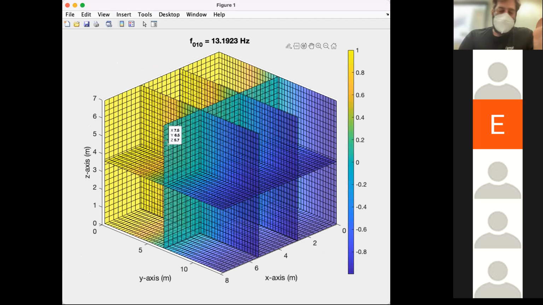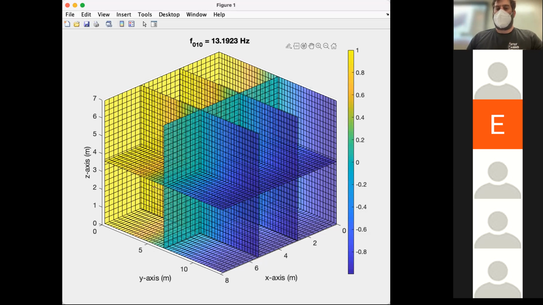Looking at this cube here, there are 2 walls where I have pressure maxima. They are the places where it makes sense to put those absorbers, those bass traps, right? It doesn't make any sense to put one right here.